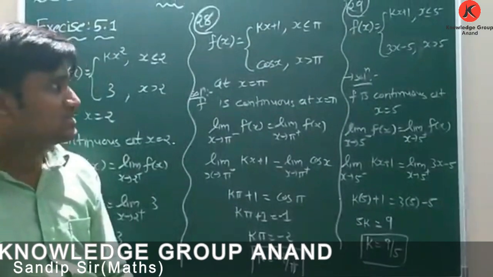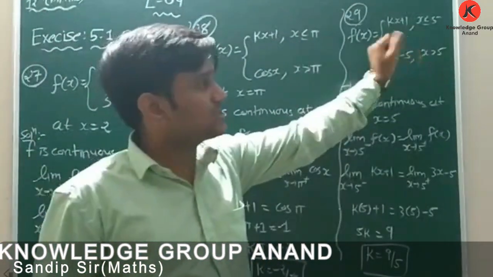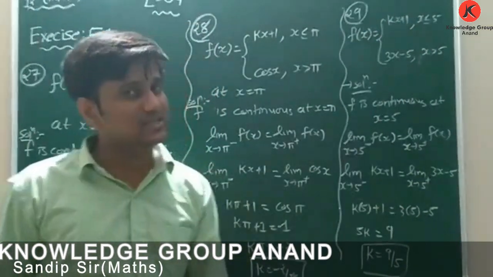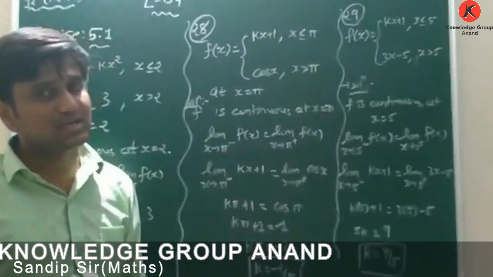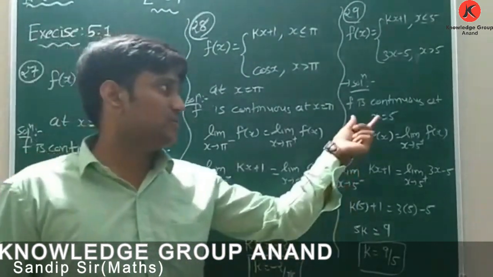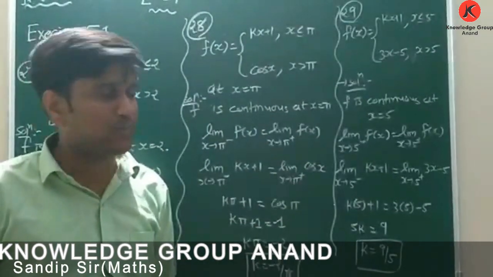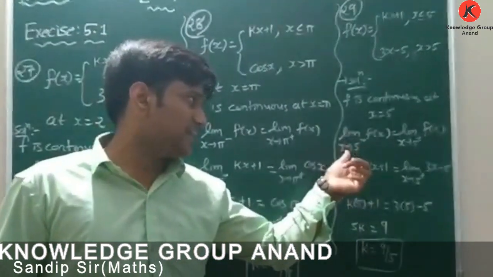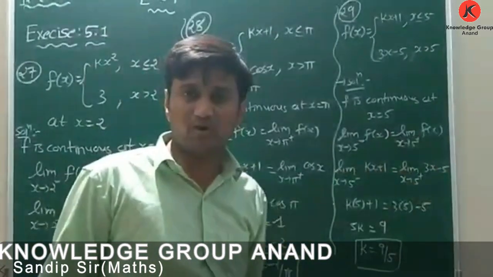Making k the subject, k is equal to -2 by pi. Similarly, question 29 is the example f of x is equal to kx plus 1 where x is less than or equal to 5, and 3x minus 5 where x is greater than 5. Again, by the definition of continuity, the given function f is continuous at x equals 5, that means limit x tends to 5 minus f of x is equal to limit x tends to 5 plus f of x.